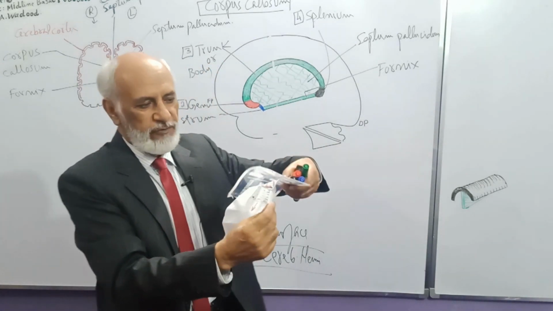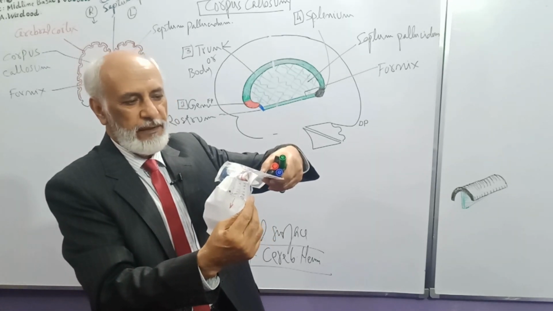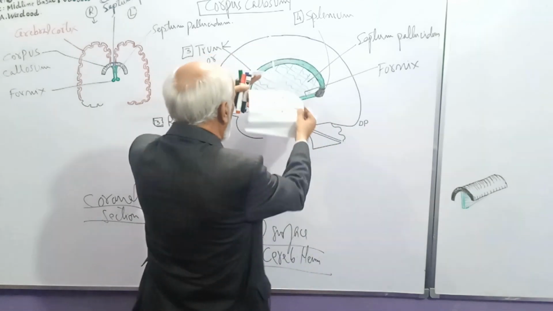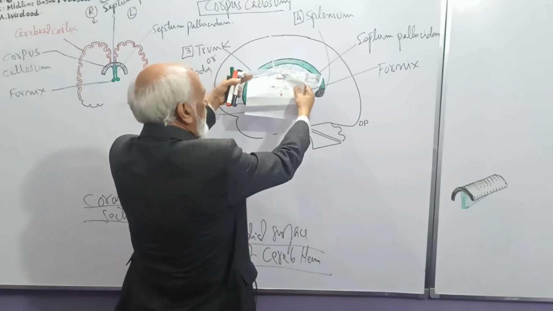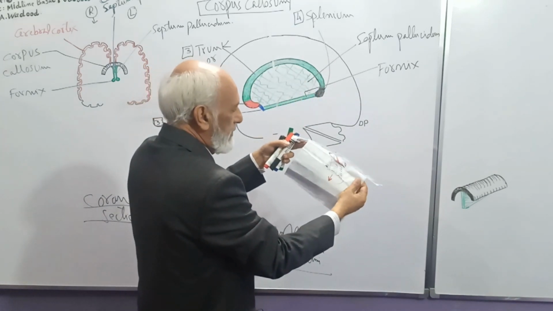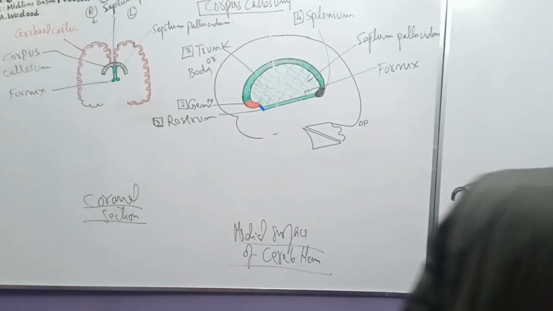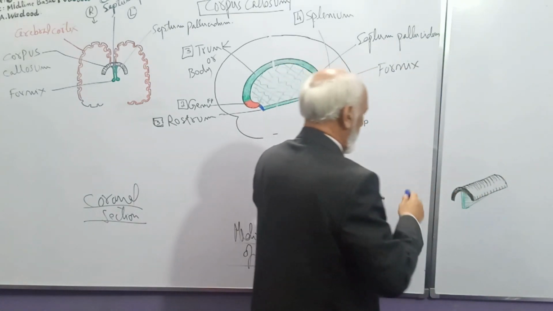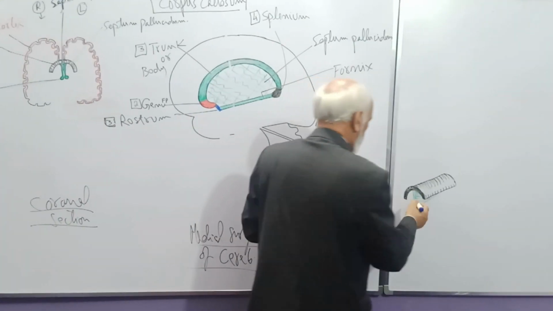So here you can see, this is the horizontal part and this is the vertical part of the T. But if we draw a lateral view, it is somewhat confusing. It appears like this. The septum pellucidum is not attached to the edge. It is attached to the middle of the lower surface of the corpus callosum. And this diagram also gives the real relation of the corpus callosum and septum pellucidum.